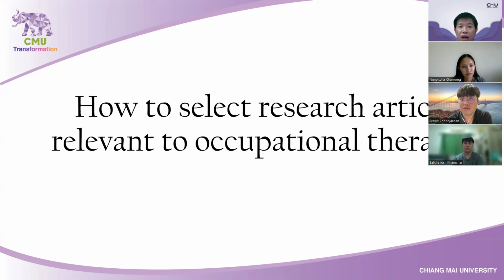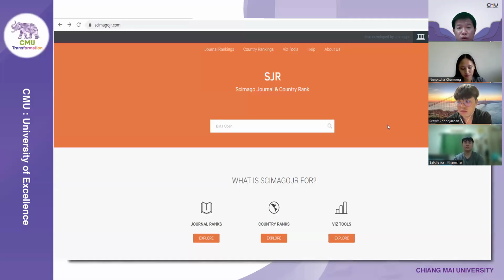If you find my surname or family name in Google Scholar, you can see my publications. And you may use SJR, the Scopus-based SCImago Journal Rank. Why do we use this? Because in the world, we try to set up the quality of research. The top quality of research is located in quartile 1, the green shade.